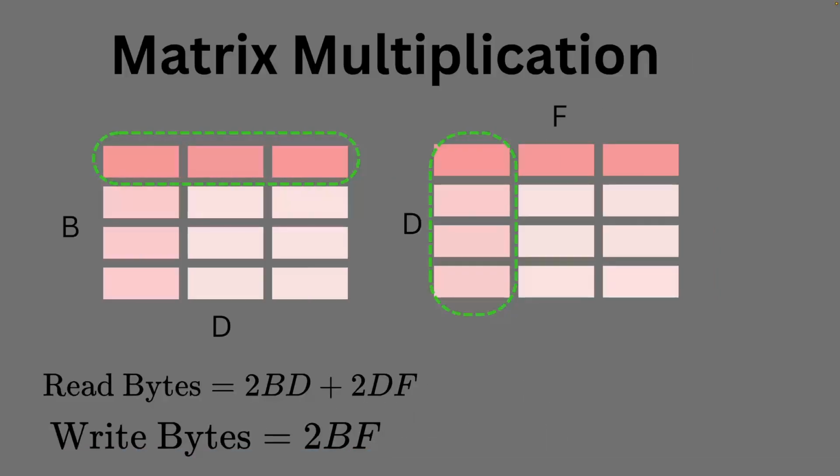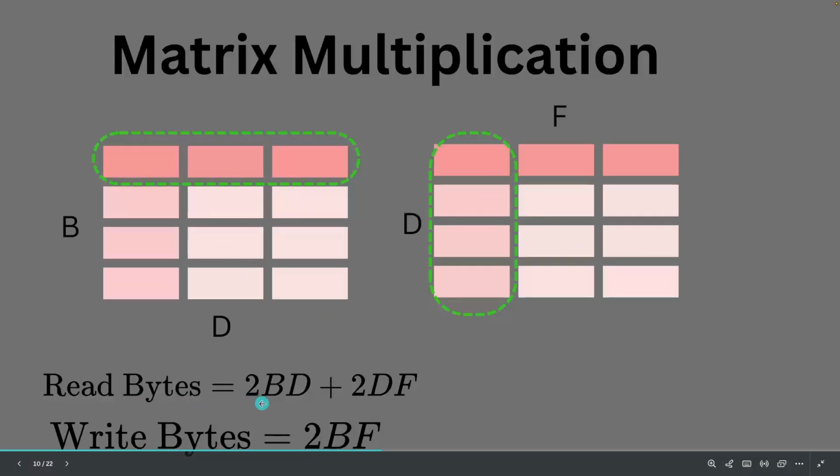Now if you compare how much you have to read and write back, as I said, this is BF16, so it is 2 bytes. You need to read b into d and d into f. This 2 comes from BF16, so you need to read 2bd and 2df.